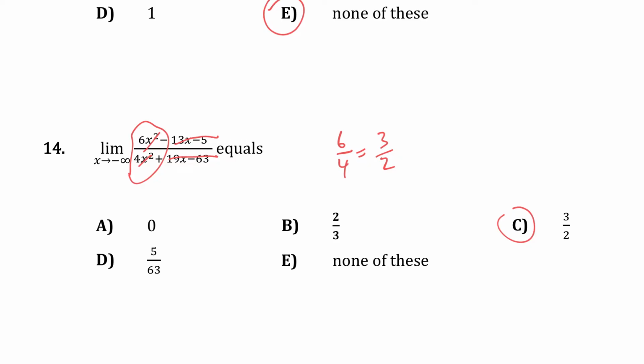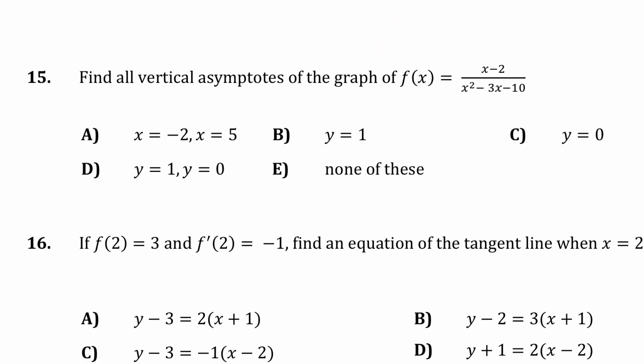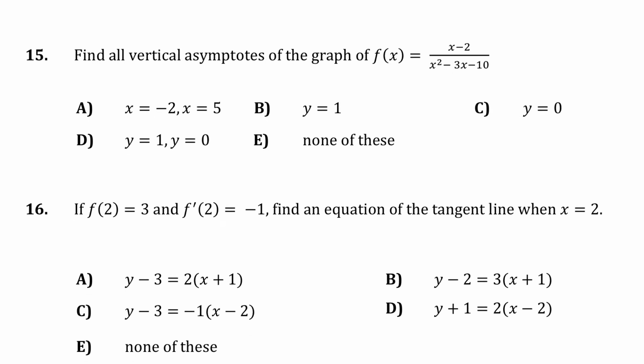All right. For the next question, number 15, find all vertical asymptotes of this graph. Well, it's a vertical asymptote if the denominator is 0. So when is the denominator 0?